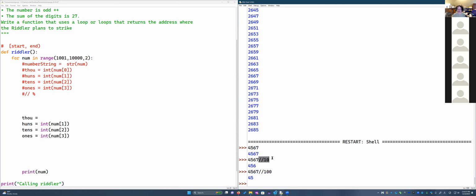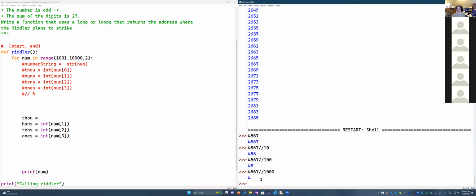So you can think of this as throwing away digits. It's a weird way to think about division, but it works when you're dealing with 10. So 4,000 something divided by 1,000 is going to give us 4, specifically 4 remainder 567. Everybody follow that so far?